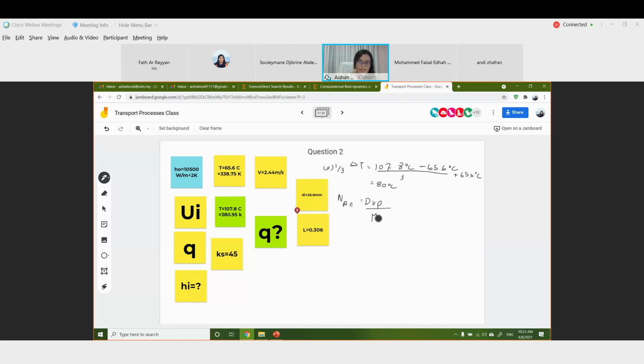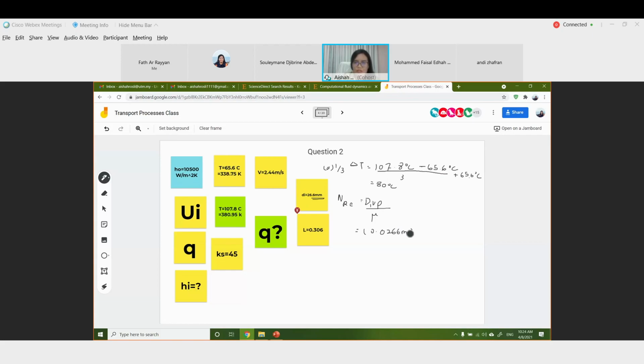This is still the formula that we used before, and because water is flowing inside the tube, we consider the inside diameter. The inside diameter we already have, 26.6, this is millimeter, this is correct, so we just change it into meter. So we have 0.026.